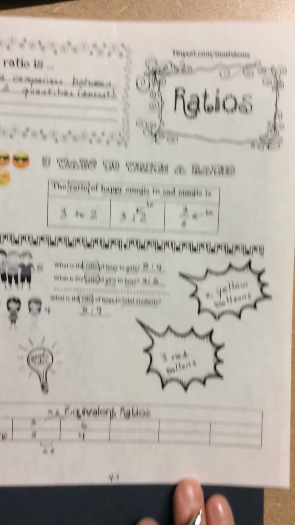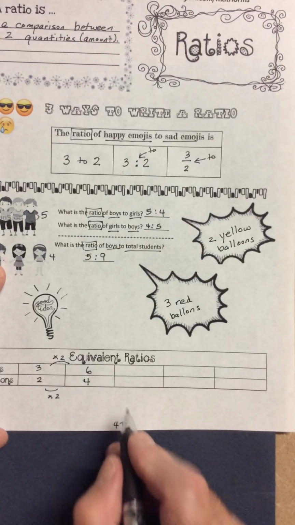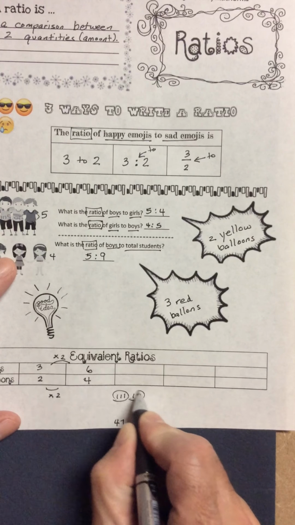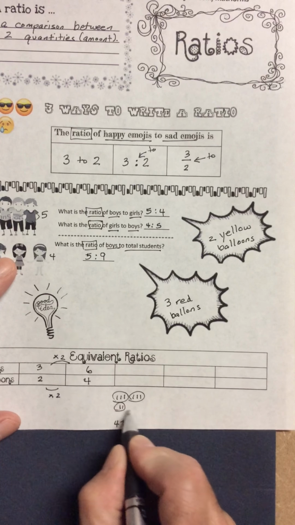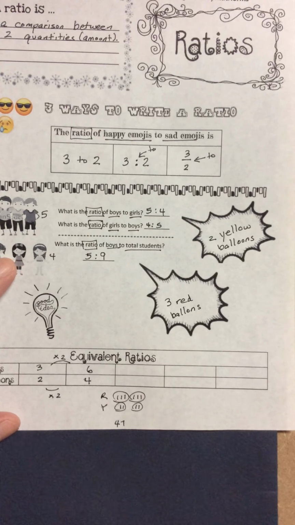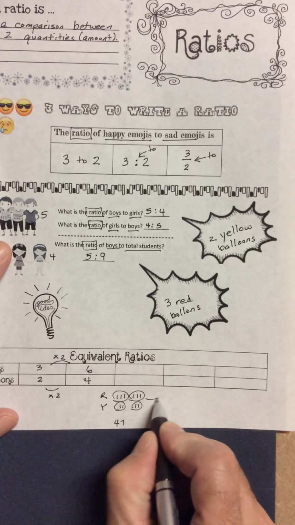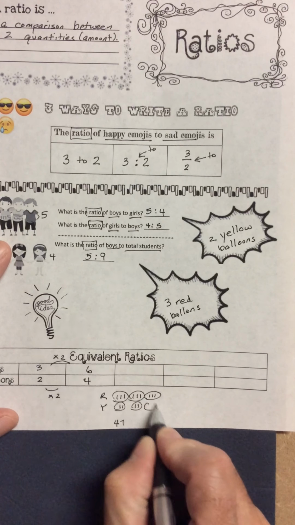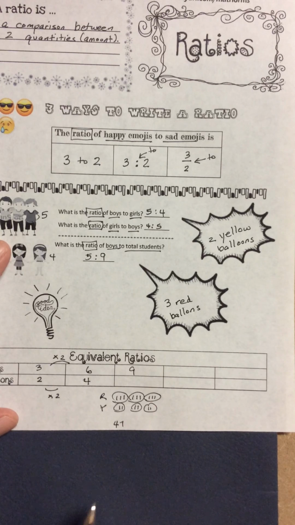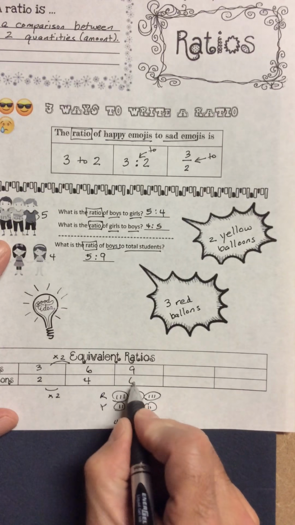Maybe I should display this somehow. 1, 2, 3 red, and there's 2 groups, which would be 6, and 2 groups of yellow would be 4. 3 groups. Well, I'm going to add another 3 red balloons, and I'm going to add another 2 yellow balloons.